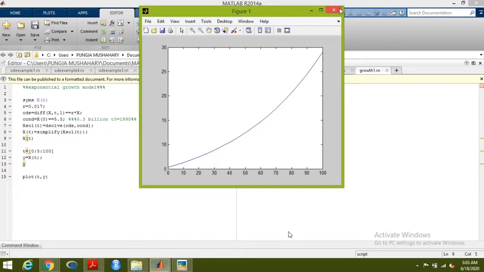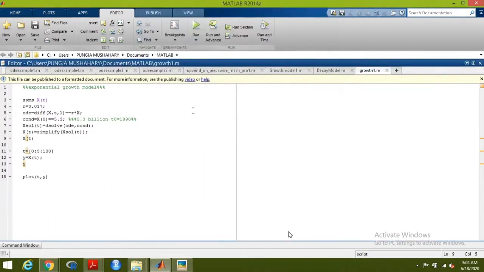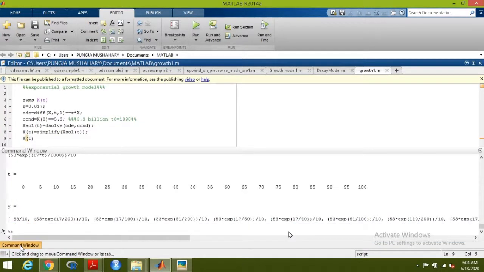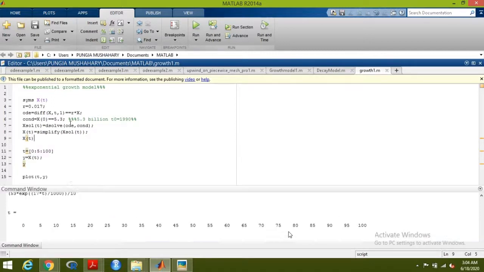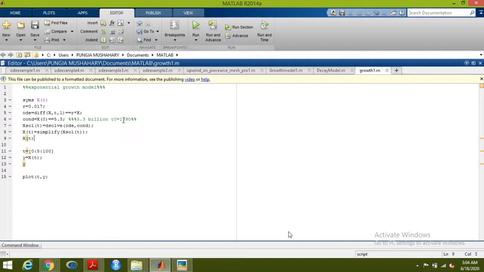So then you have understood it, and you can also see the solution here. You see, this is the solution. Okay, 1990. You will get this. Remember that all these values are in billion. This population, because the condition we are dealing with is 5.3 billion, something like that.